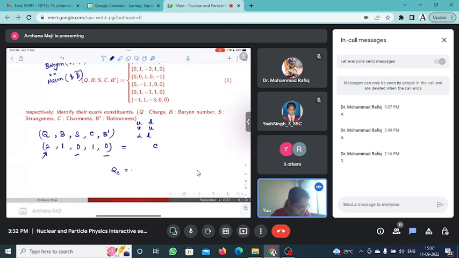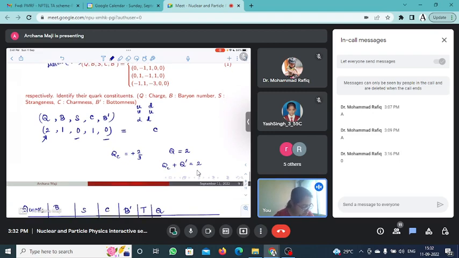So in order to have charge 2, the charge of the charm quark is +2/3, and the total charge is 2. So you need to have Q prime such that the charge of the charm quark plus that Q prime, whatever the quarks you will have here, will have total charge 2.